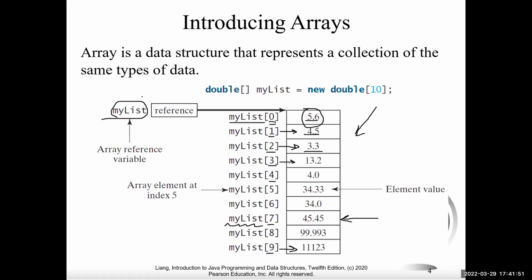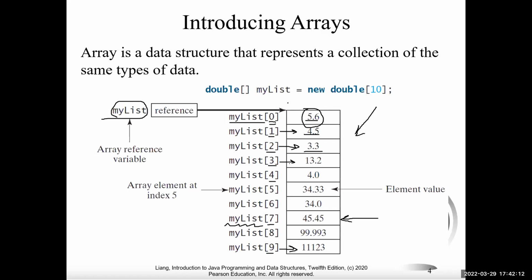Now this is the design of the array in memory. The array here is a one-dimensional array, has one column. Whether it's one column or one row, it's considered a one-dimensional array.